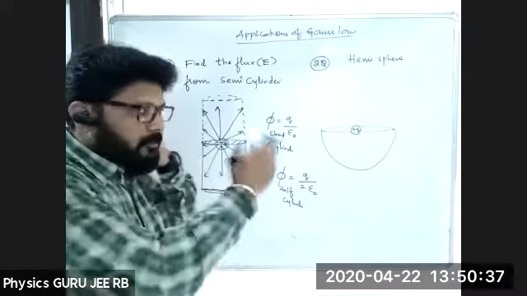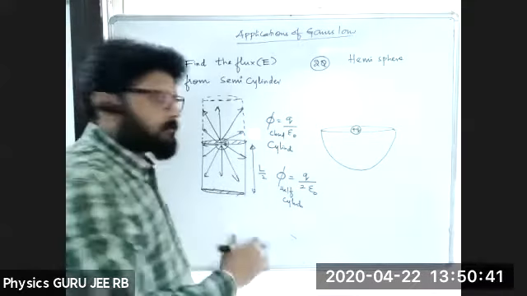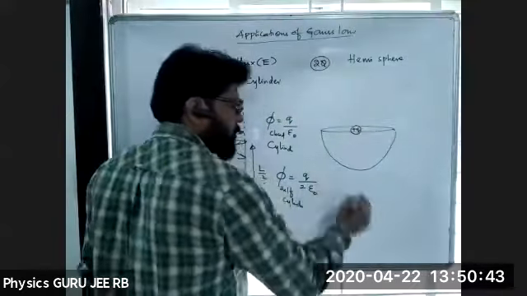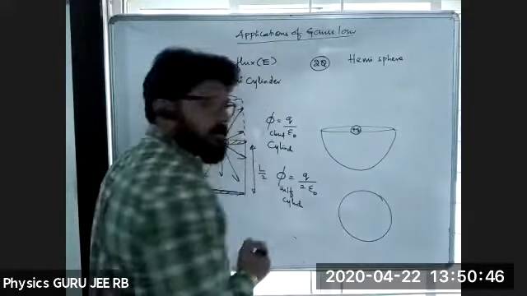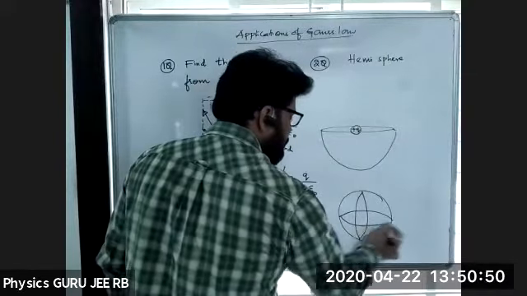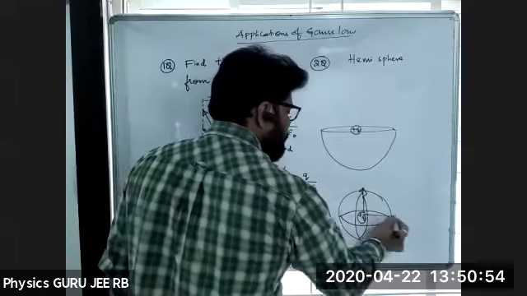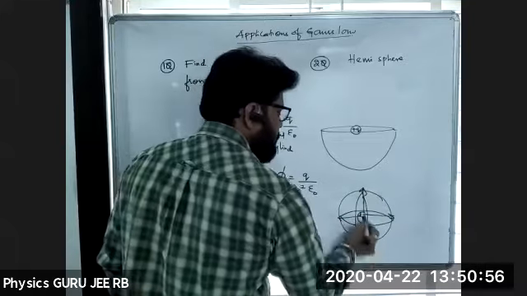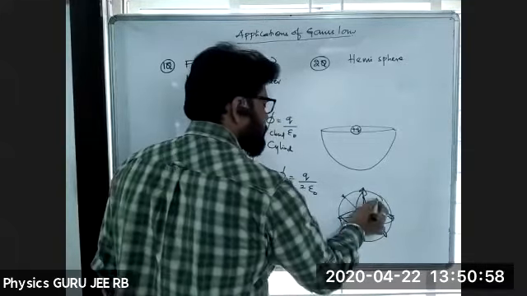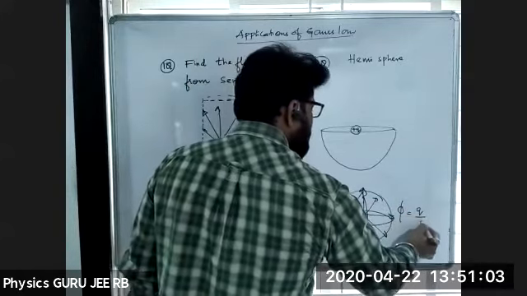Now similarly, can you tell for the hemisphere, half of the sphere? For a complete sphere, when the charge is placed at the center, then in all directions the flux is phi equal to Q by epsilon naught.